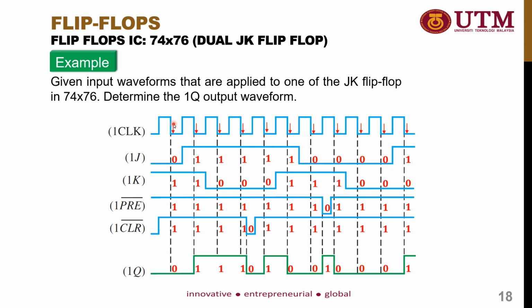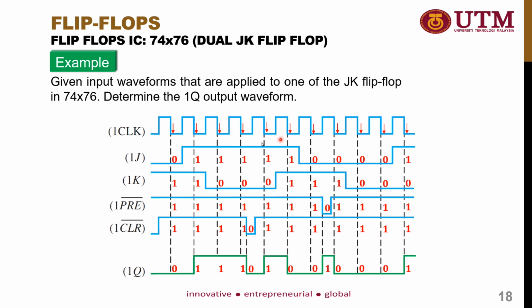So when you get the time when the first negative edge trigger is happening, first you must observe the input of PRE bar and CLR bar, because you want to know the current mode of the flip-flop, whether it is asynchronous or synchronous. And then you repeat the same procedure for each falling edge.